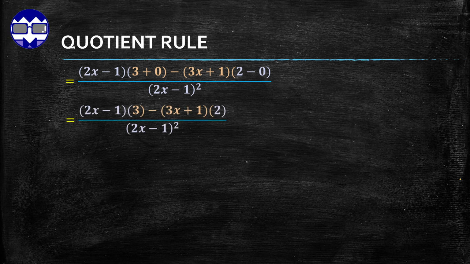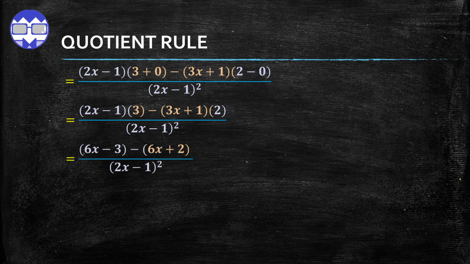Then we simplify this algebraically. Just distribute 3 and 2. So you have 6x minus 3 minus the quantity of 6x plus 2. Then of course we distribute the negative sign. So you will have 6x minus 3 minus 6x minus 2 over 2x minus 1 quantity squared.